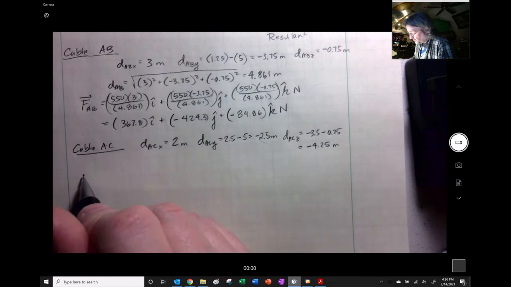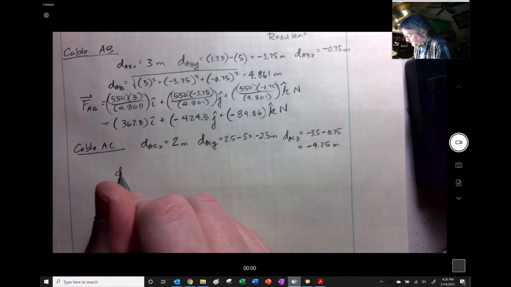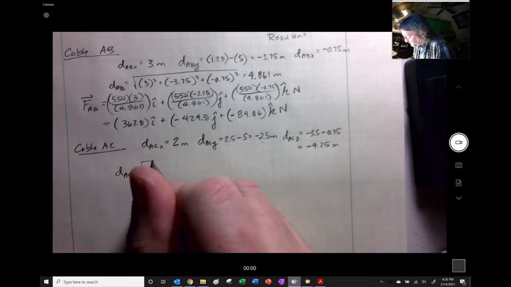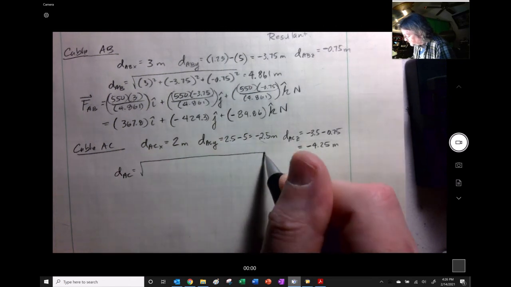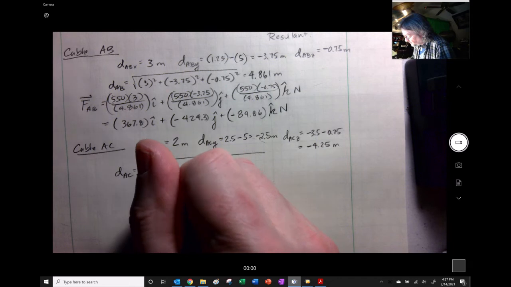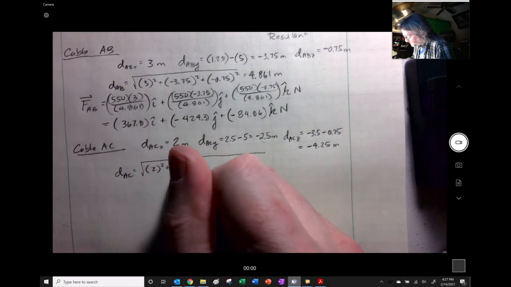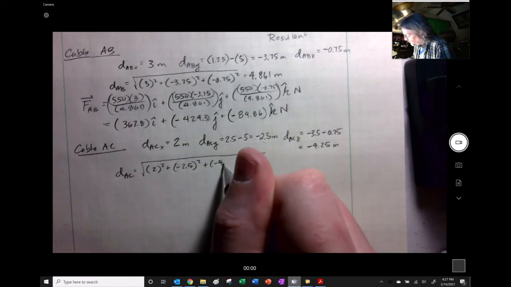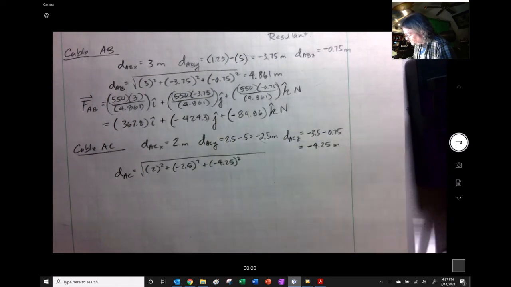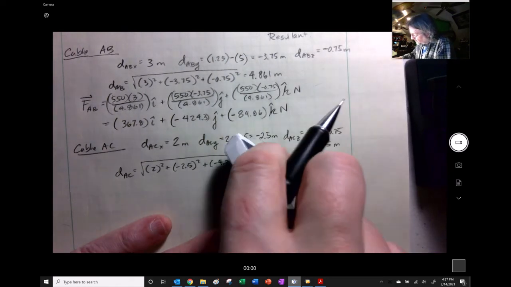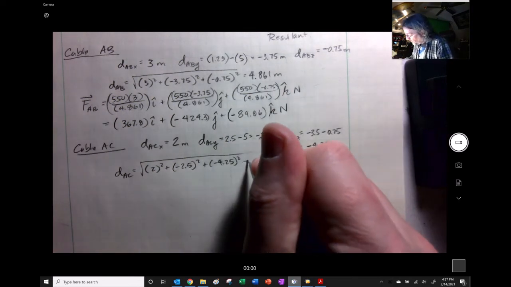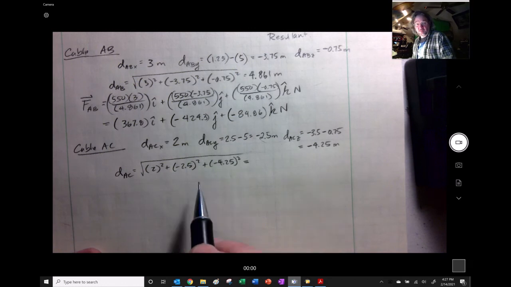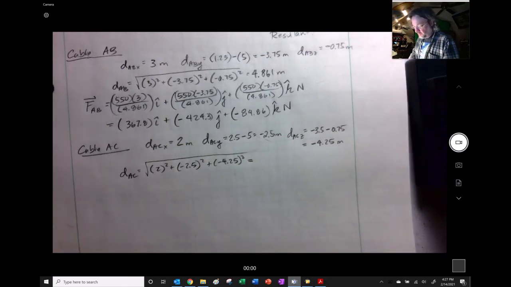Okay, so our distance AC is going to be 2 squared plus negative 2.5 squared plus negative 4.25 squared. Is that starting to drift upwards? I think it is. I'm moving it. Why bother having the lines there if you don't use them?